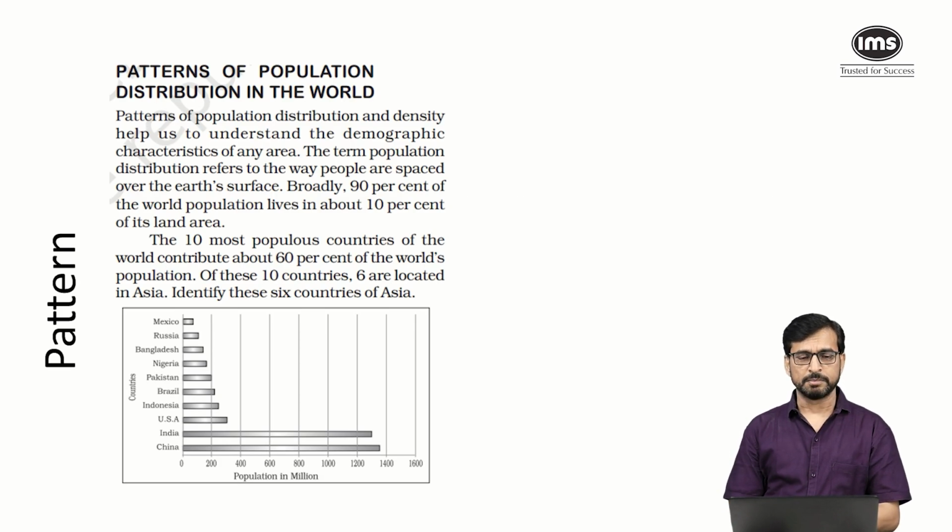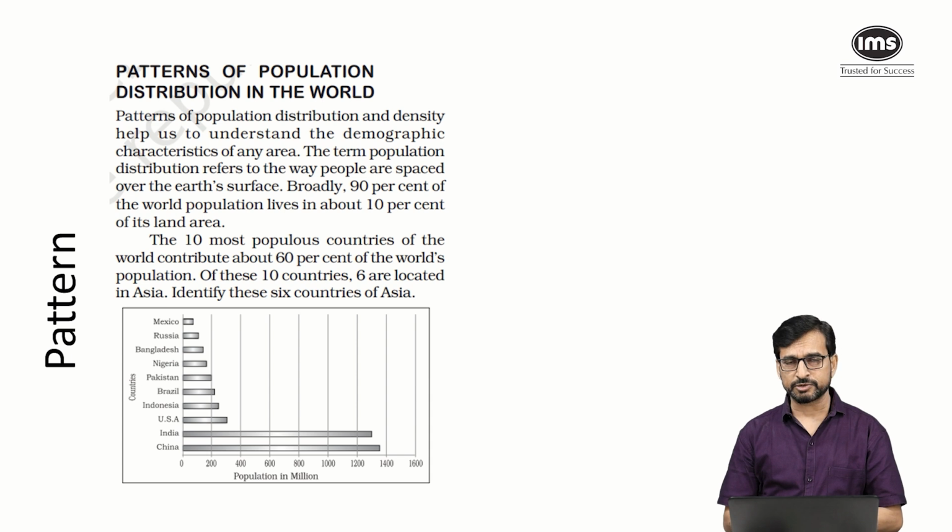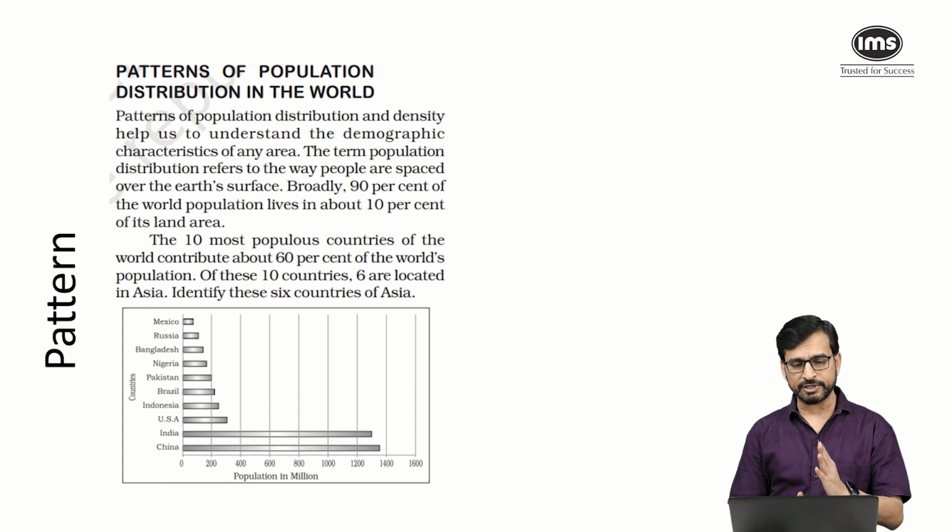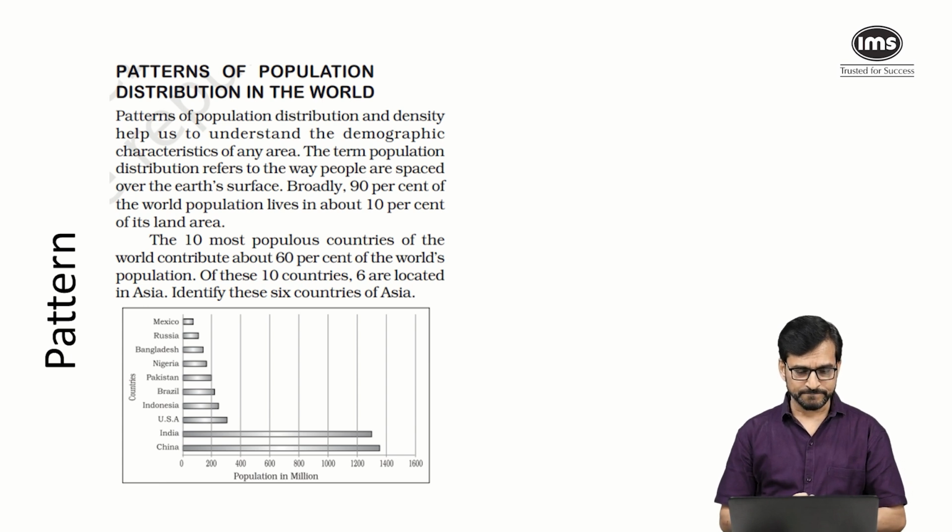Of course, the pattern of population distribution in the world suggests, just refer to the screen, that the 10 most populous countries of the world contribute around 60% of the world population.